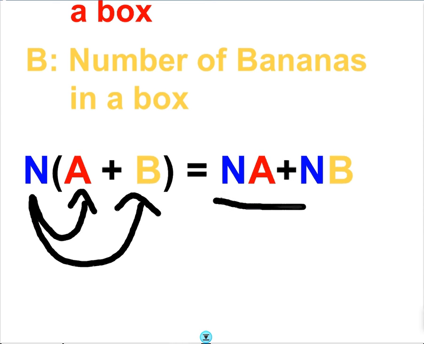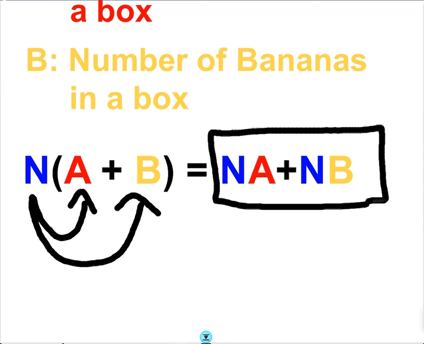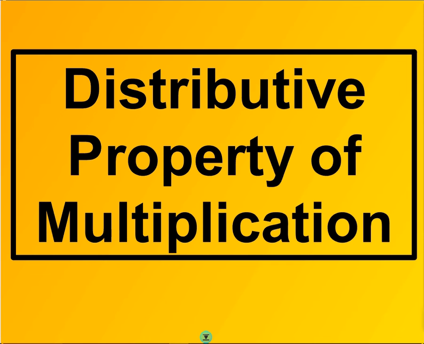And we would arrive at a general formula for giving us the number of pieces of fruit that we have. The name of this concept is called the distributive property of multiplication. So we're distributing multiplication.